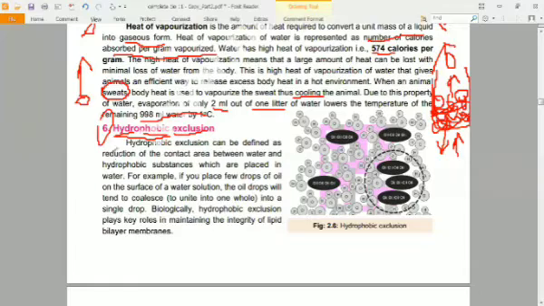Hydrophobic exclusion means reduction of the contact area between water and hydrophobic substances placed in water. For example, we mix oil drops in water, because oil is a very good hydrophobic substance. When mixed in water, it is distributed into small droplets.